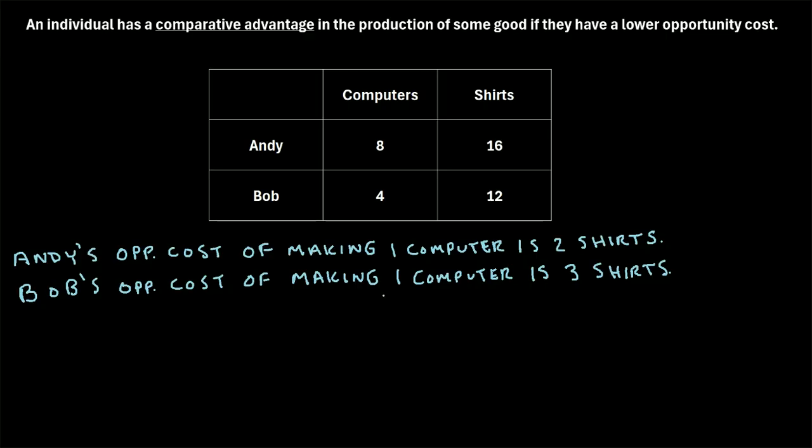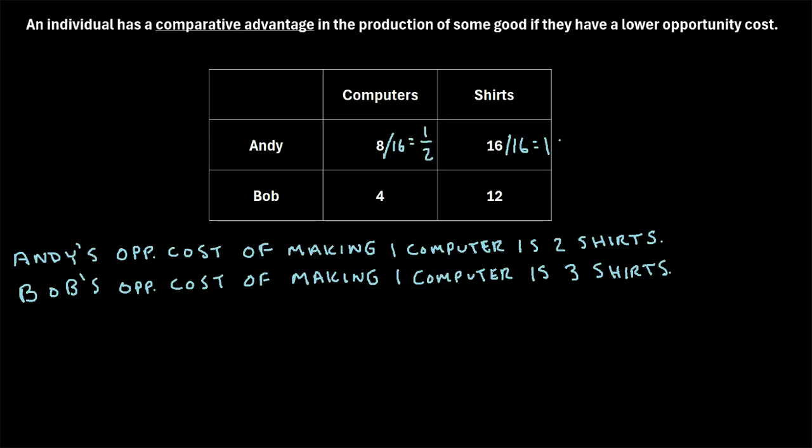Now we can repeat these calculations to find the opportunity cost of making shirts. So let's start with Andy. If Andy makes 16 shirts, he's giving up the production of 8 computers. So to find the opportunity cost, let's take this 16 and divide it by itself. So 16 divided by 16 is just 1. And then over here, we'll also divide this by 16. So 8 divided by 16, that simplifies to 1/2.